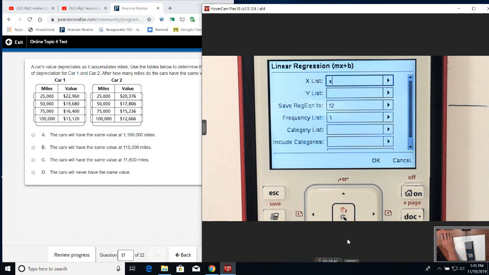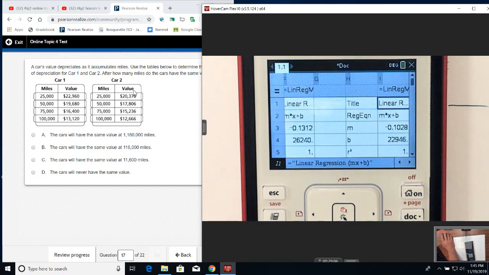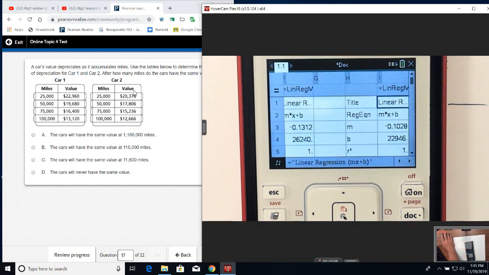So X is still the miles, right? X is X. And then what's the value of car 2? What did we use for the value of car 2? What letter did I say to use for that? Z, remember? That's the column Z that we're going to use for my Y coordinates. And then we're going to save that as function 2. Enter. And they're already graphed for you.